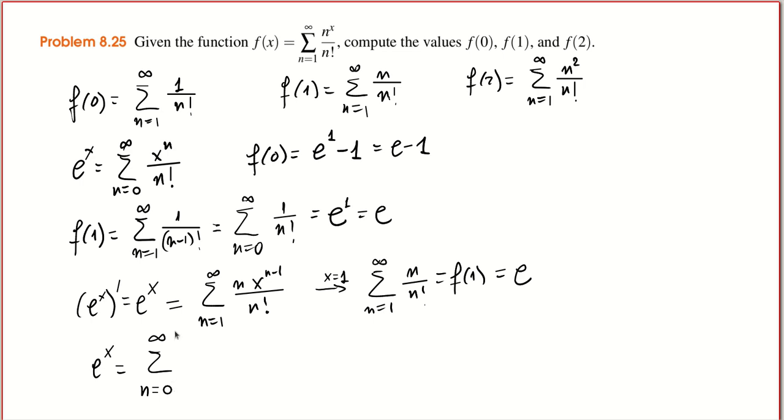So we have the sum from 0 to infinity, and then we have n plus 1 times x to the n over n plus 1 factorial.